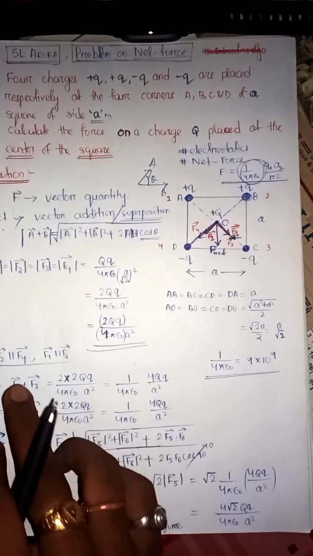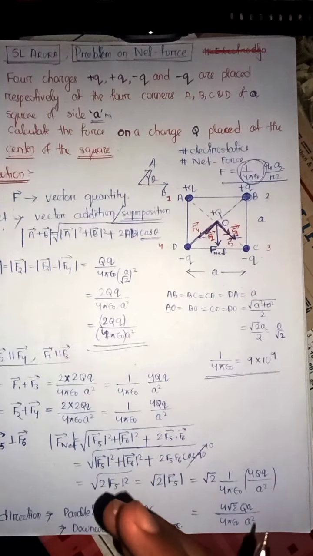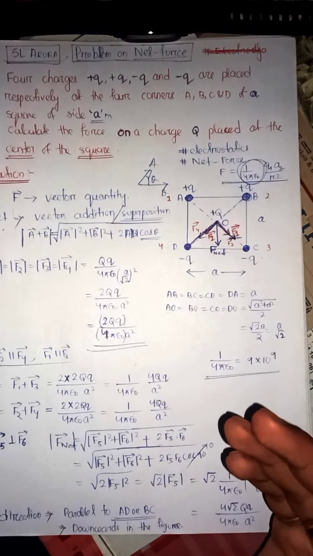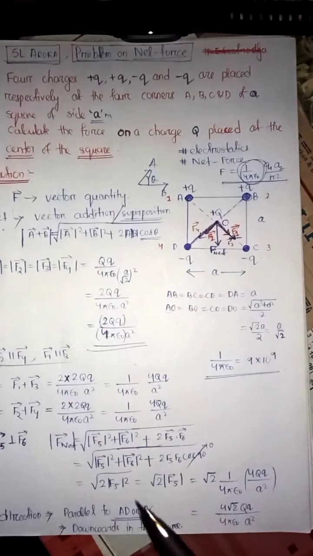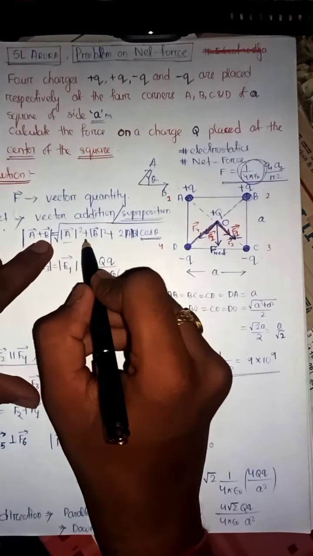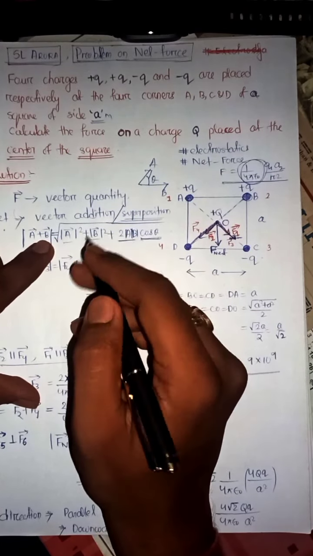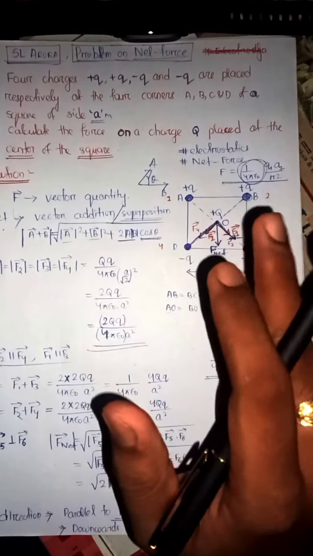So now, as F2 and F4 are parallel, and F1 and F3 are parallel, we know that vectors which are parallel, that means they are in the same direction, so they can be added. How? Because the vectors are parallel, the angle will be 0, right? So if 0, cos theta will be 1, so a square plus b square plus 2ab, that is a plus b whole square, and the root of a plus b whole square equals a plus b.